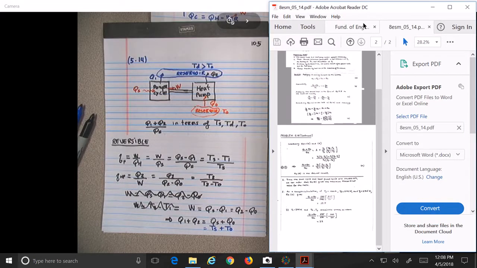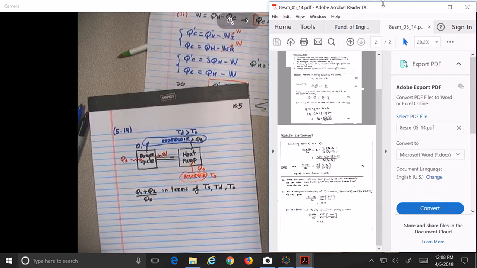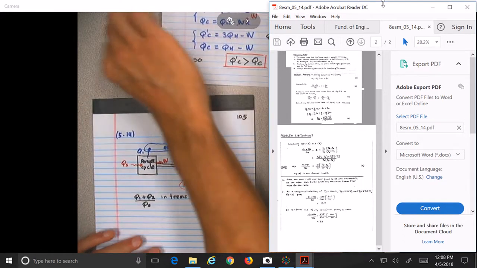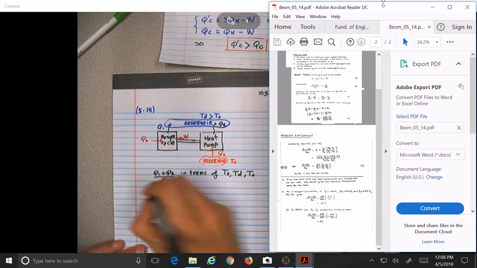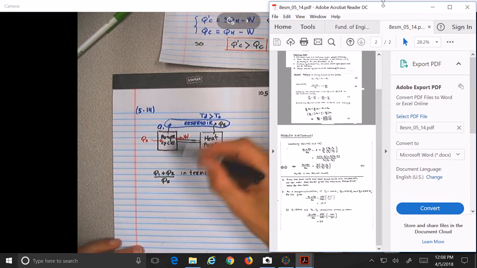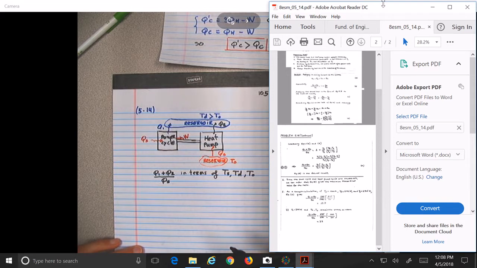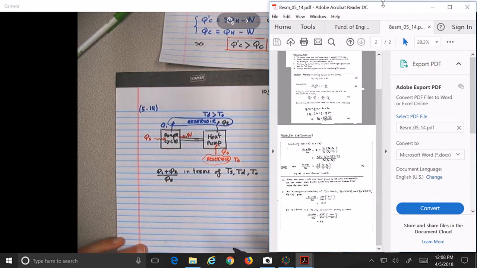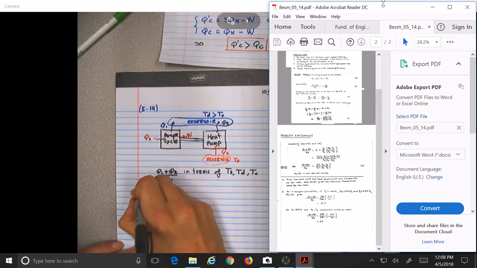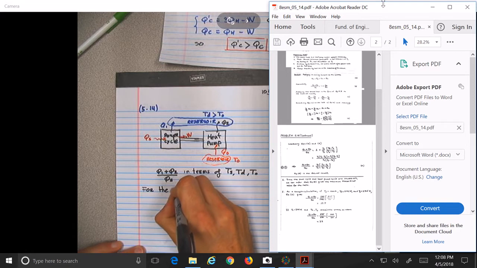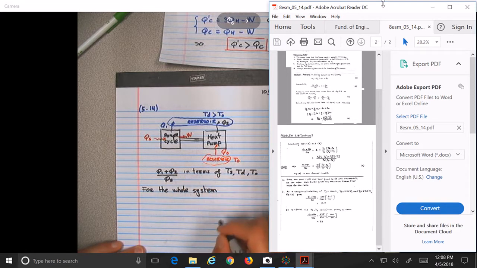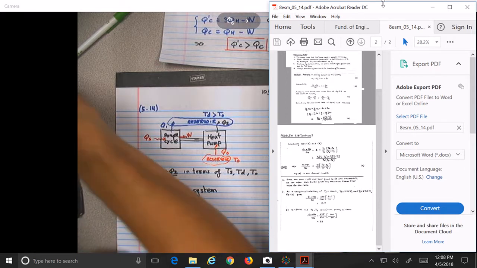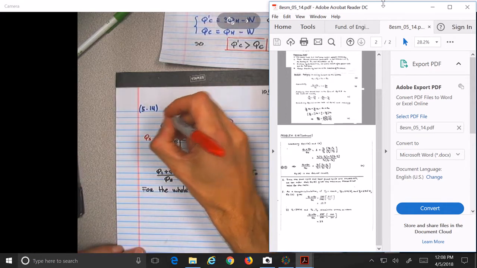Okay, so basically what I'm doing is this. What they call the energy balance is that the amount of energy going inside the system needs to be equal to the amount of energy going out of the system, no? Alright? So for the whole system, maybe let me do a figure.